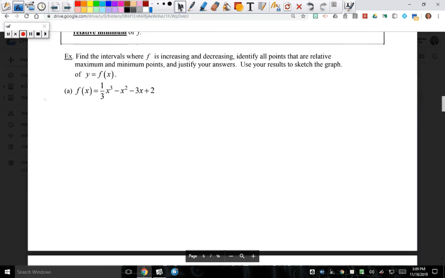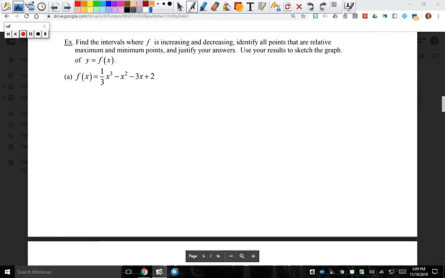We are going to look at all the steps involved to showing this. The math is not that difficult, guys. It's not. The derivatives are lower level to mid-level. It's more so a conceptual understanding. Okay, here we go. Find the intervals where f is increasing and decreasing. As you read these, I think you should make little sub-notes.